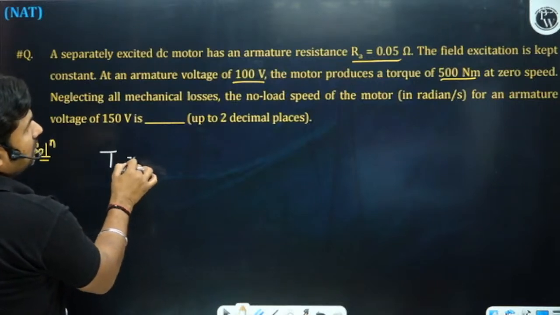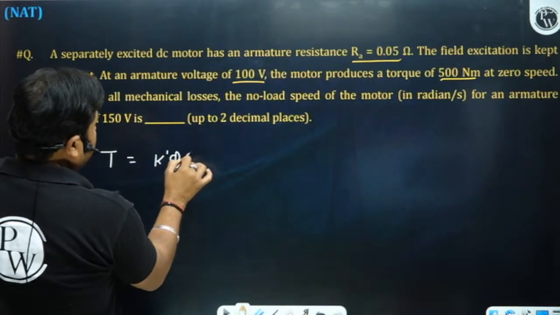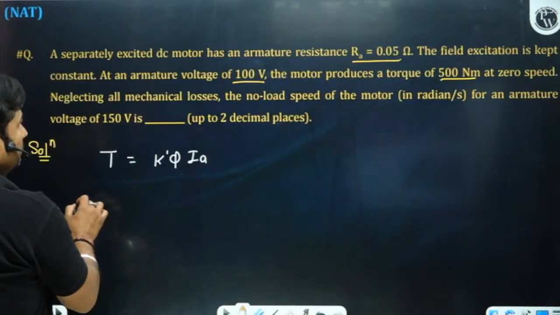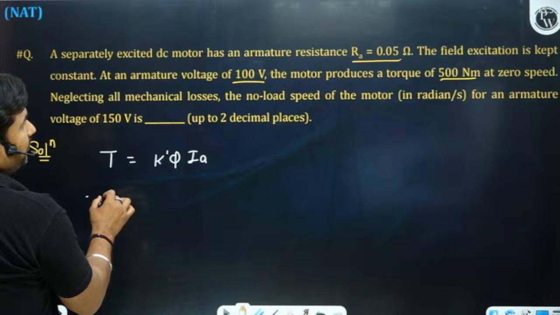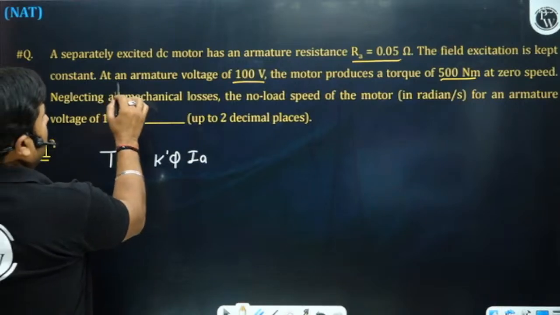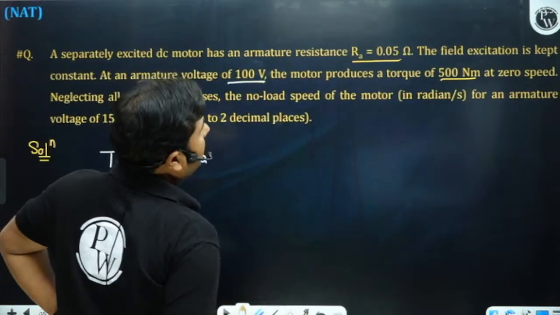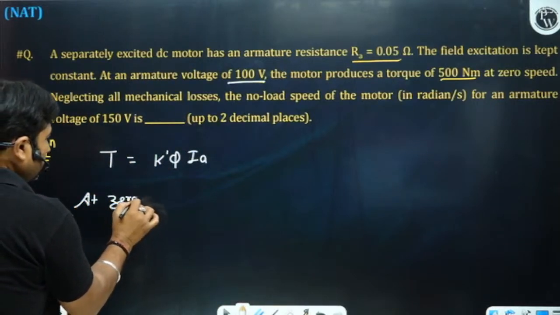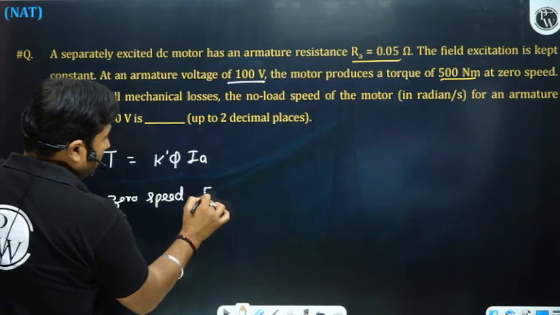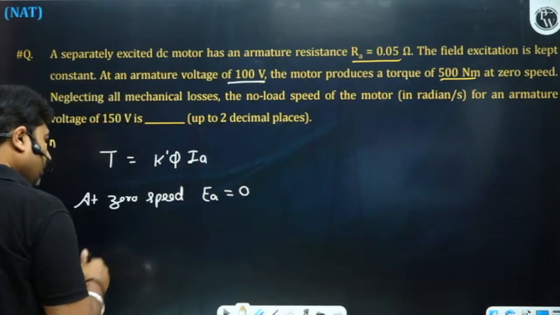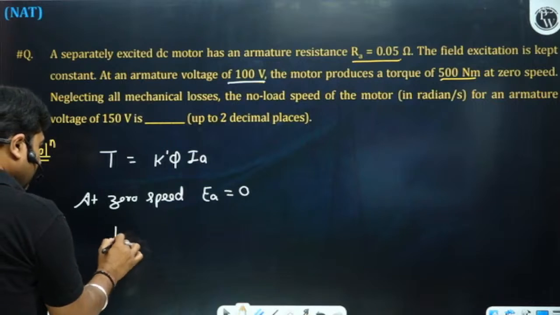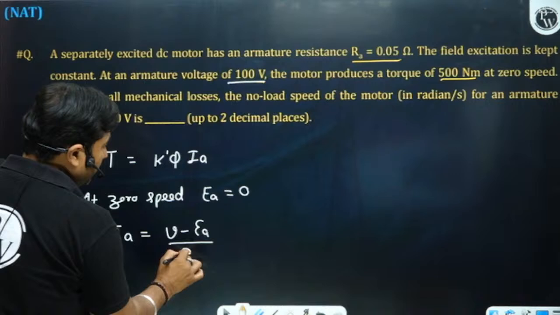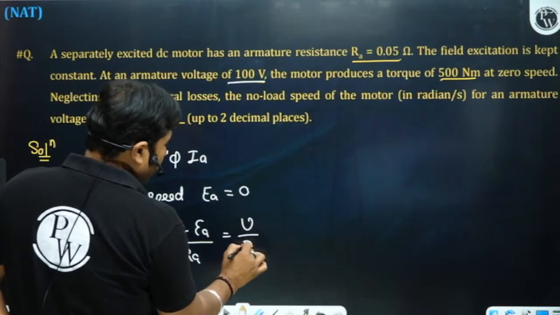See, we all know what is torque. Torque is defined as K dash phi into IA. Now, torque is given to you, at an armature voltage of 100 volts at 0 speed. So at 0 speed, EA is equal to 0. When EA is equal to 0, armature current will become V minus EA by RA, which means V by RA.